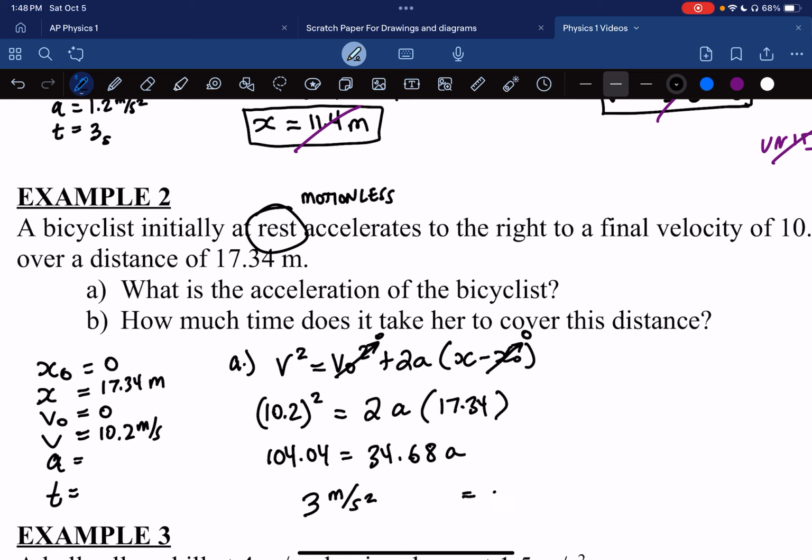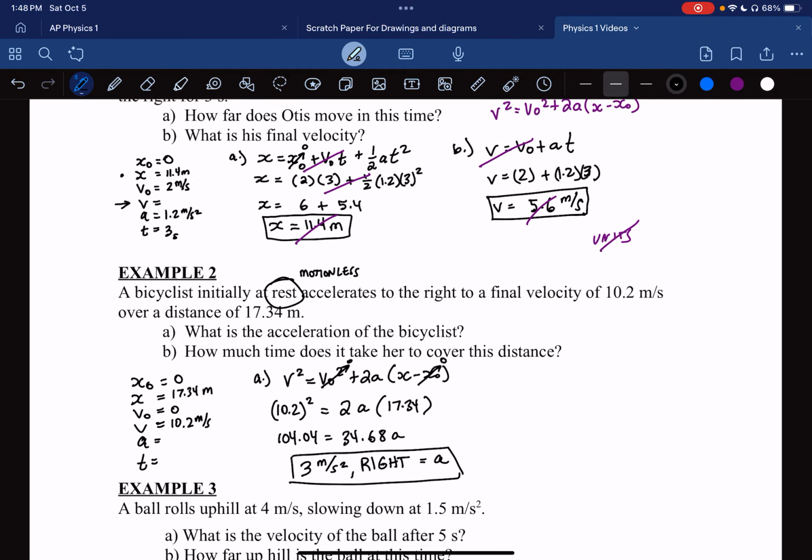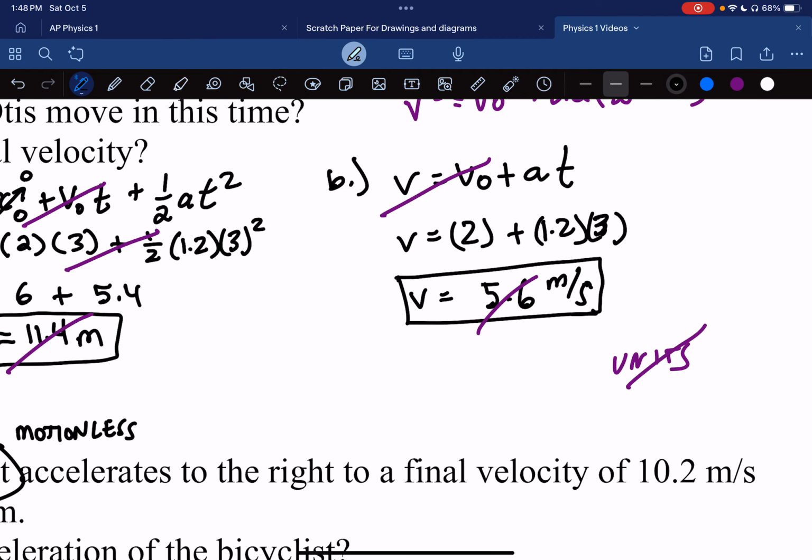Now, acceleration is a vector, so I think I'll write it like this. It's positive, so that acceleration is to the right. Write it like that. Oh, and I realized, if I go back to this one here, velocity is a vector. And you'll have to excuse me, I'm kind of just doing this on the fly.